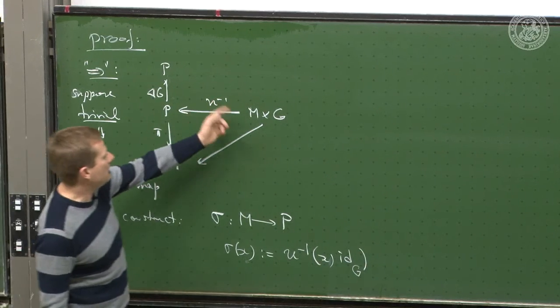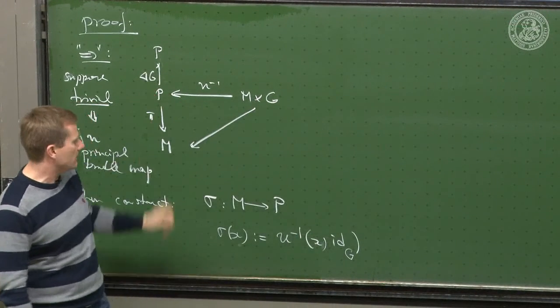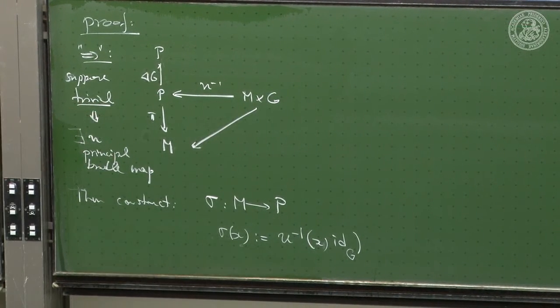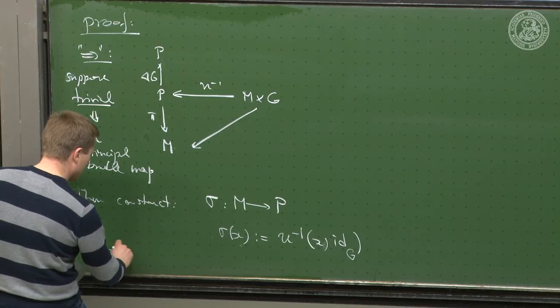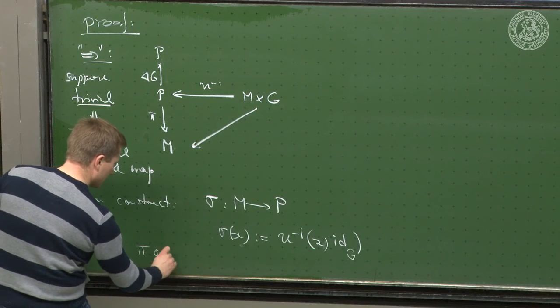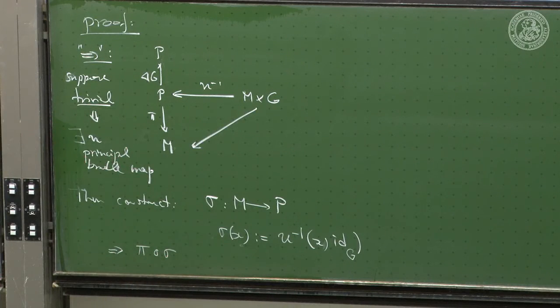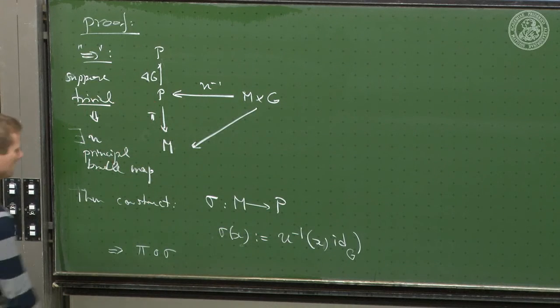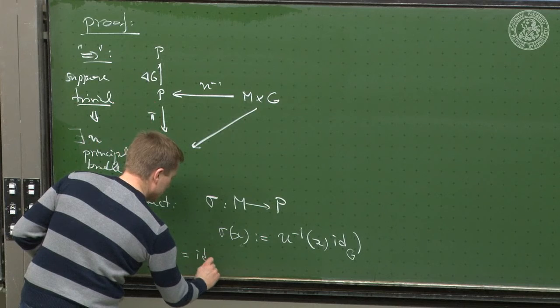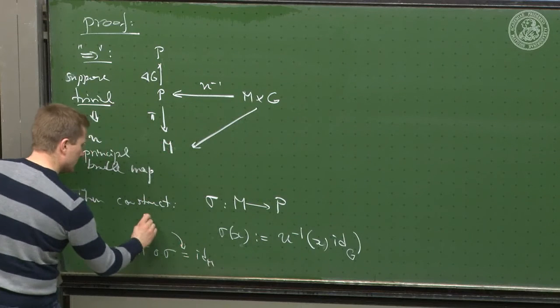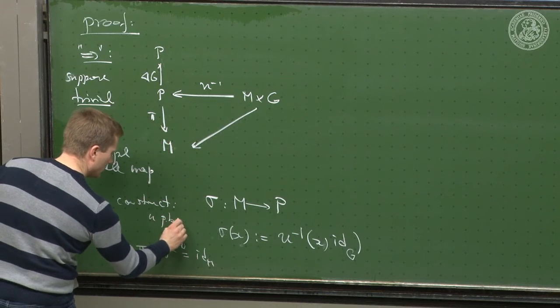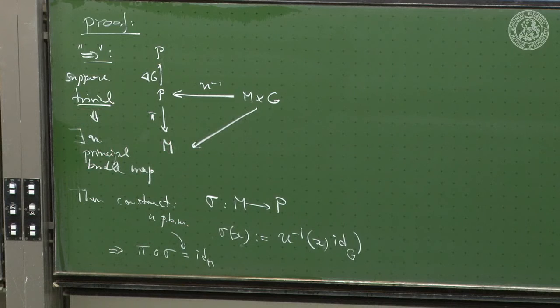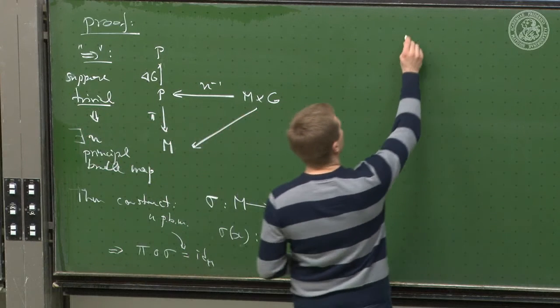If I have such a map, I can always take the identity and push it here. And that's it. And this is a section, because if you now apply pi after sigma, by virtue of U being a principal bundle map, it will give you the identity on M. And that's this direction of the proof.